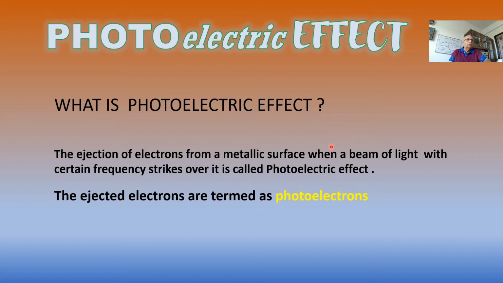Photoelectric effect, surprisingly, is the ejection of electrons when a beam of light of certain frequency strikes a metal, and mostly the metals which can show photoelectric effect are highly electropositive metals.